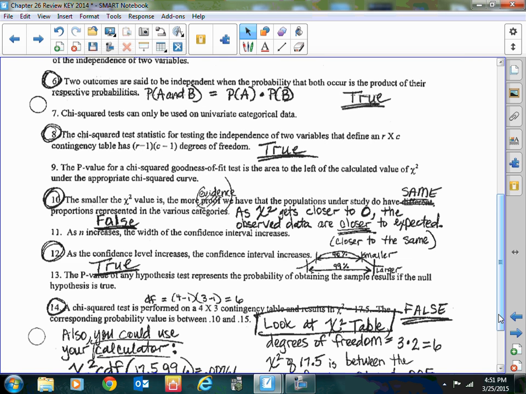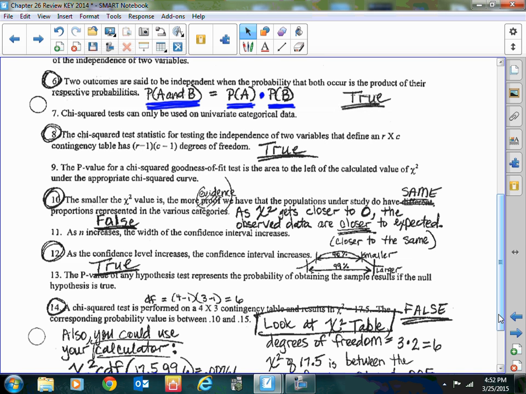This is a throwback to being able to say that if A and B are independent, then the probability of A times the probability of B is the probability of A and B. So if the probability of A and B is the same as the individual probability of A times the individual probability of B, then those are independent of each other. That's true. That's a way-back definition.